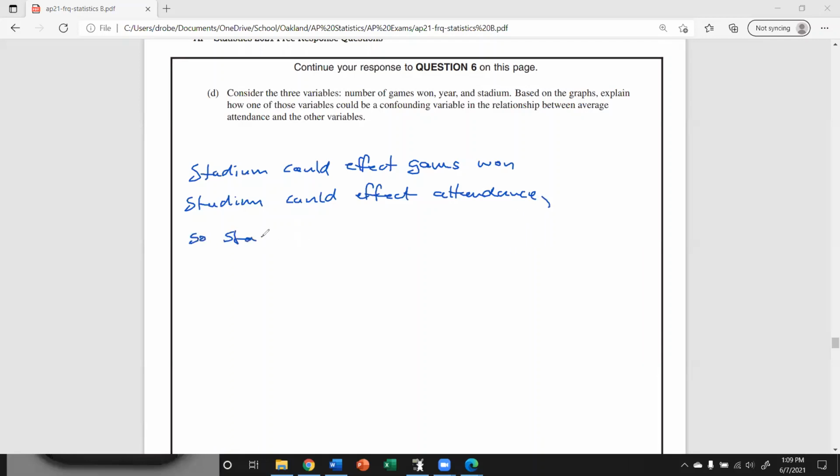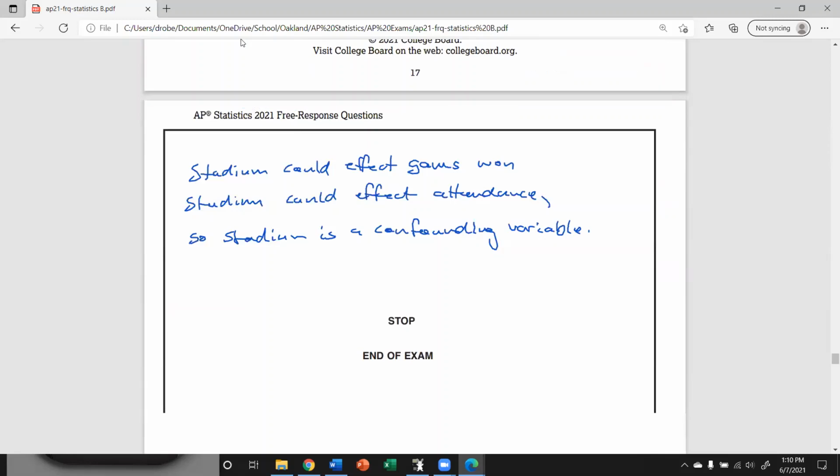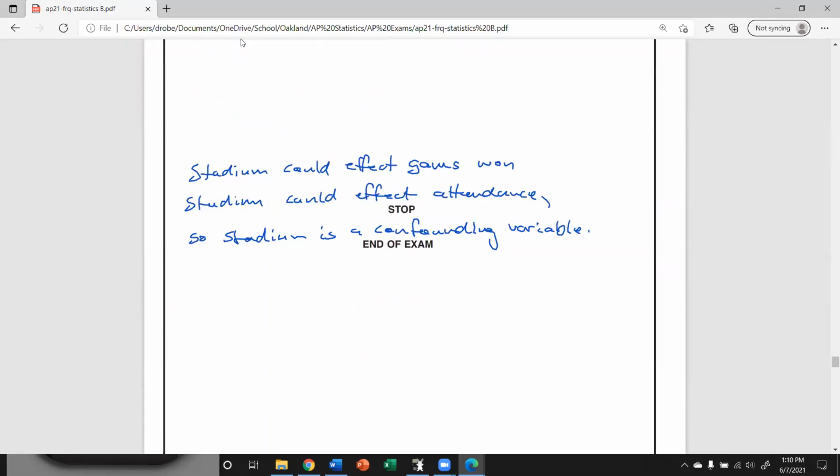So stadium is a confounding variable. There, voila. And was that it? Stop, end of the exam. Okay, I will stop.